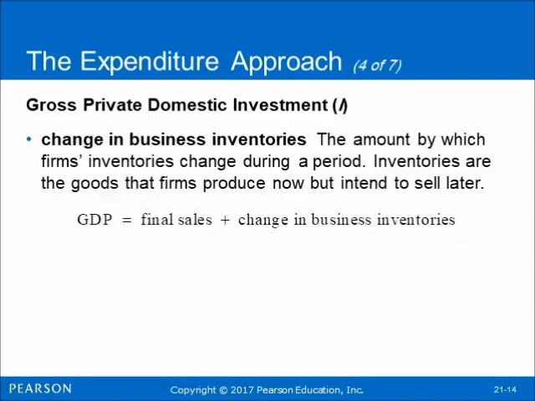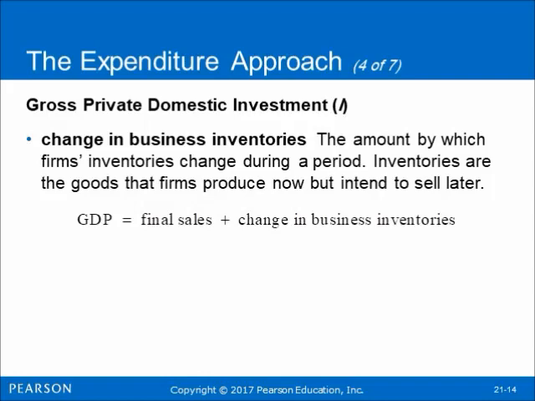In addition to the two previous types of investment, gross private domestic investment includes change in business inventories. Change in business inventories refers to the amount by which firms' inventories change during a period.